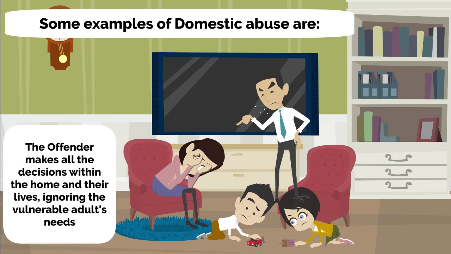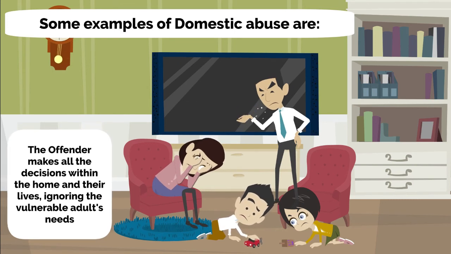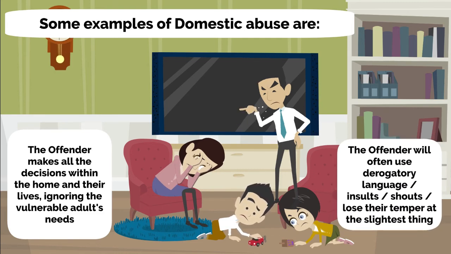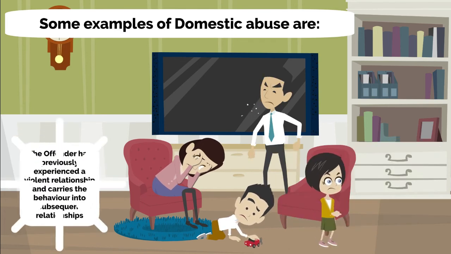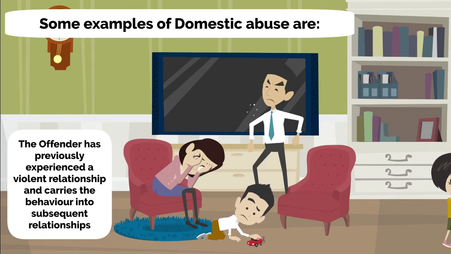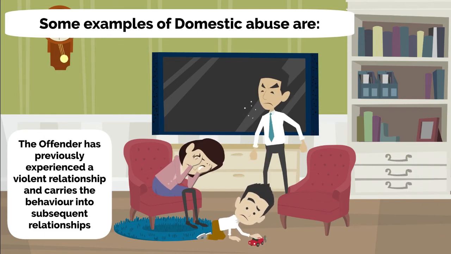The offender makes all the decisions within the home and their lives, ignoring the vulnerable adult's needs. The offender will often use derogatory language, insults, shouts, lose their temper at the slightest thing. The offender has previously experienced a violent relationship and carries the behaviour into subsequent relationships.